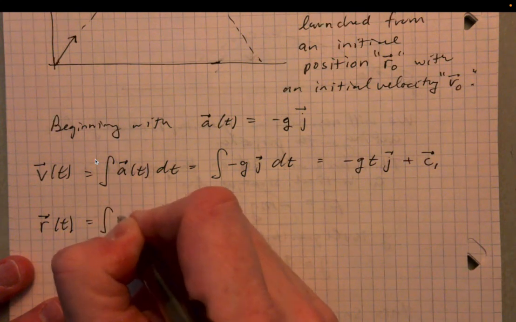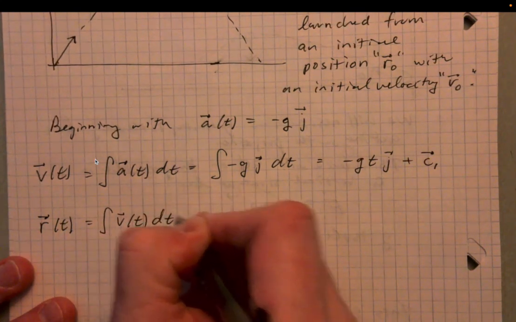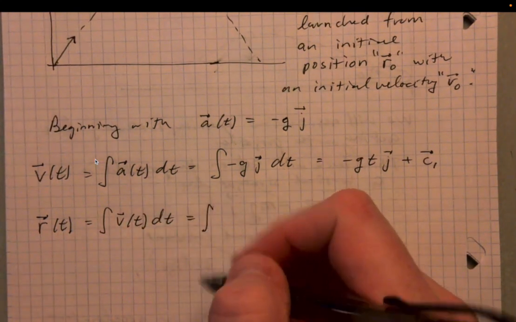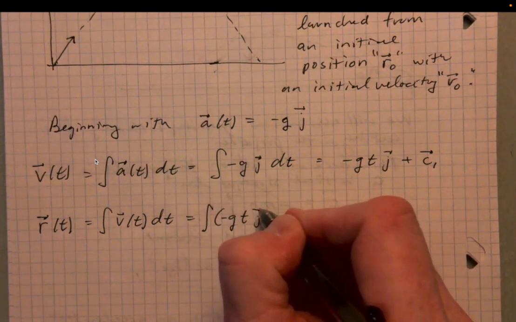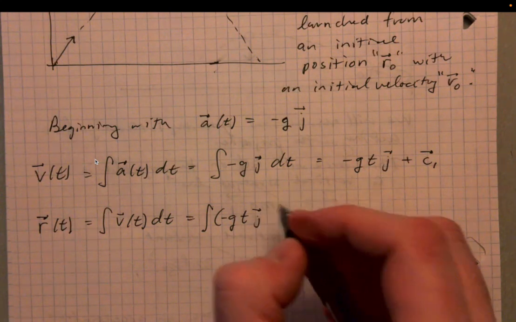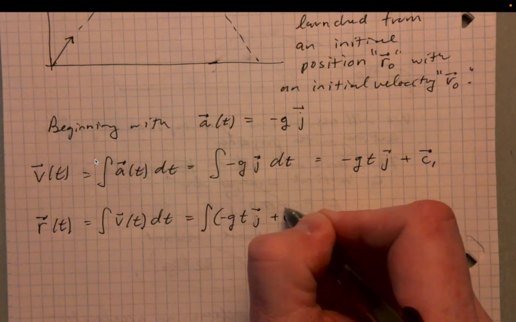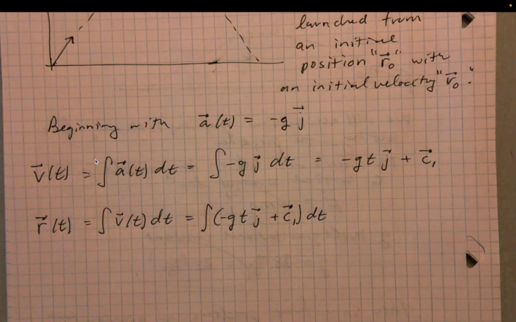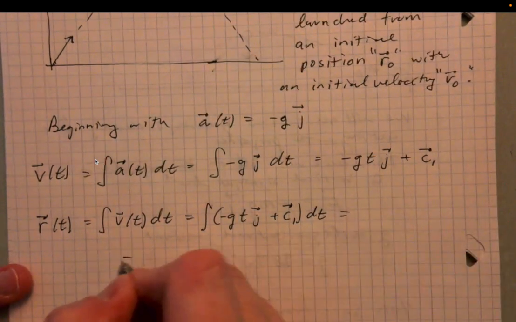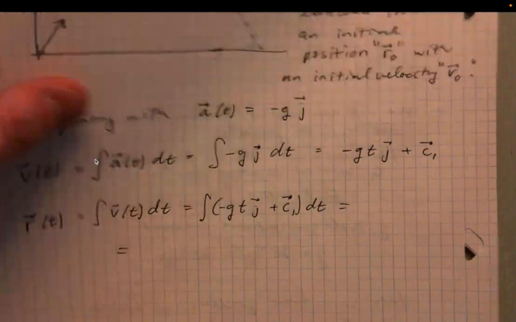So we'll integrate the velocity, and that's going to be the integral of negative g t times j plus c1. And so when we integrate that, what do we get?